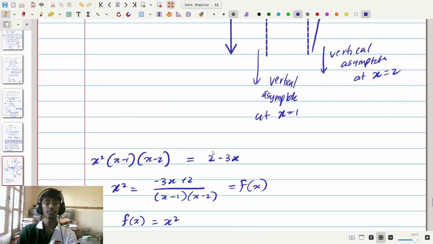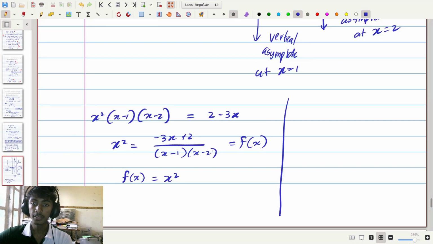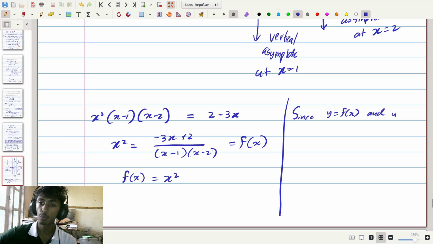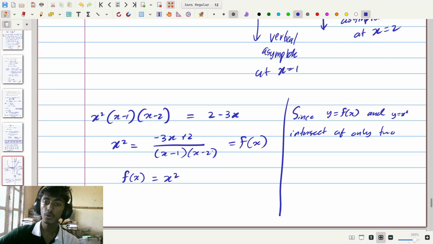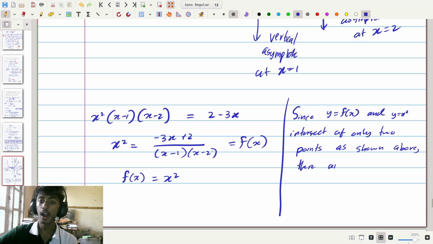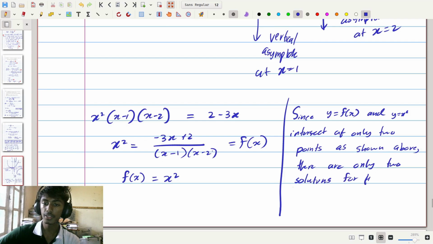So as we can see from the graph, we can say something like, since y equals f(x) and y equals x squared intersect at only 2 points as shown above, there are only 2 solutions for the given equation. And with that, our question is completed.